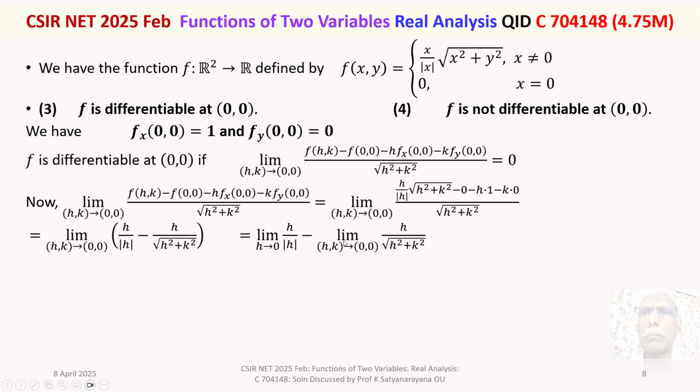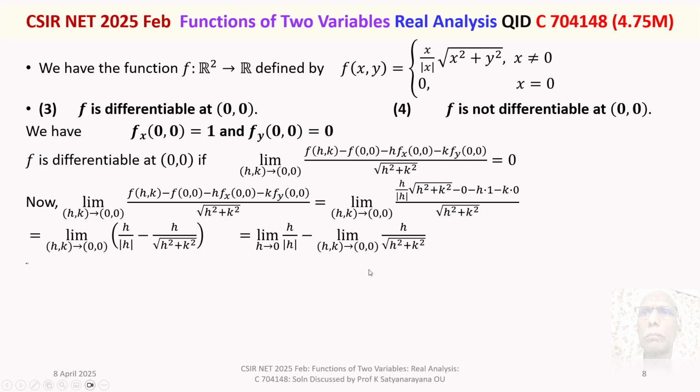Just let h comma k tend to 0 comma 0 along the path k equals m h. If you substitute here, then limit h tends to 0 of h by the square root of h square plus m square h square gives 1 by the square root of 1 plus m square. This depends on m and varies from path to path, and hence the limit does not exist.